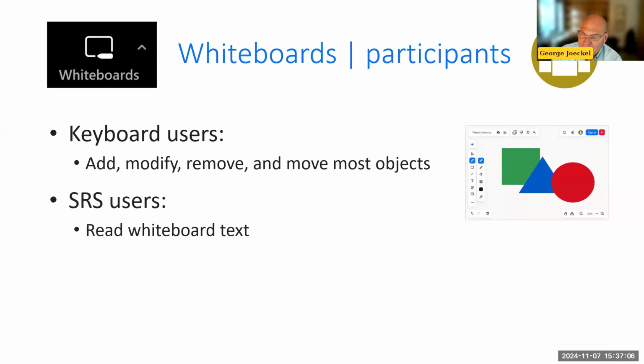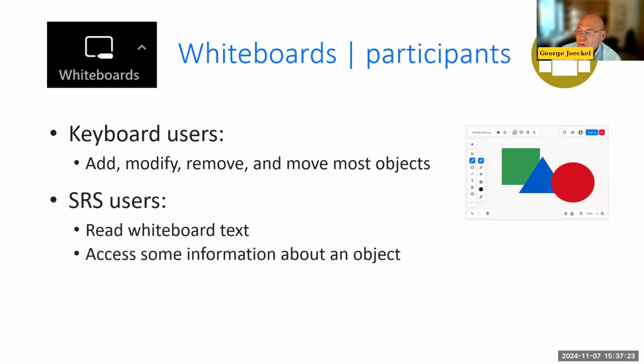So if you've put text in there using the text tool, not an image of text or text that has been drawn with a pen tool, they can read it. They can also access some information about an object, mostly its shape. So they would know that there's a square, a triangle, and a red circle.